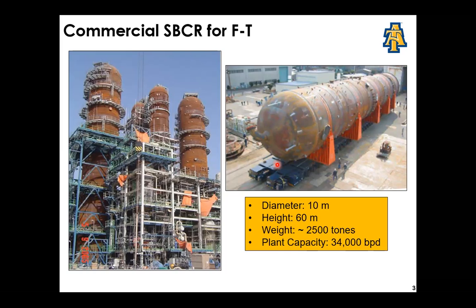Basically, this kind of reactor is usually the reactor of choice for the Fischer-Tropsch process because of its numerous advantages. However, there are some challenges associated with the bubble column reactor. One of these challenges is the problem of back mixing and the problems encountered during scale-up and design.